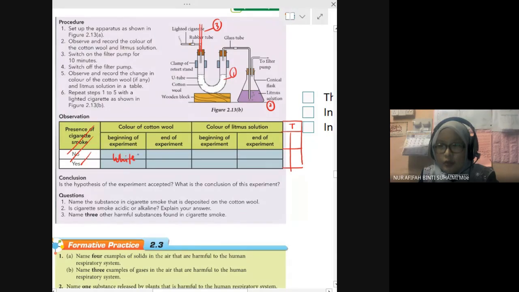White will turn to what? Ada jawapan? Black. Okay. Black take a longer time. Take 100 box of cigarette. So before it turn to black, maybe we just use 1 box of cigarette. Itu pun dah penuh, satu lab tu dah busuk dah. So agak-agak color apa dulu? This cotton will become what color?